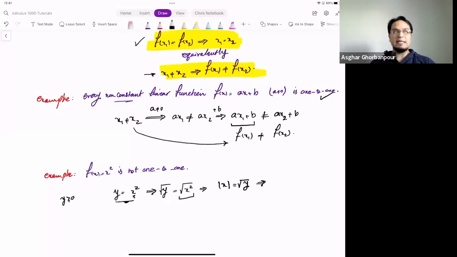But something, absolute value of something is a number. So that means that that something is either plus or minus that value.